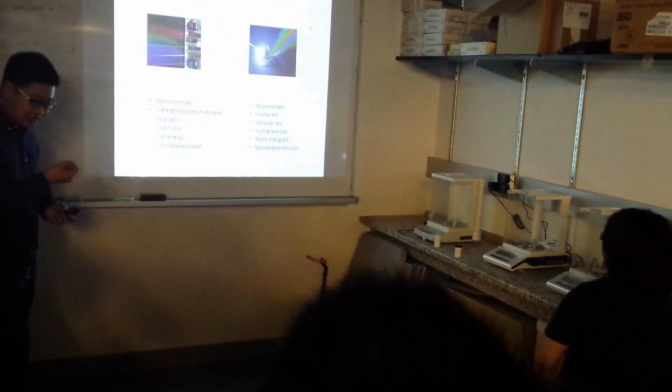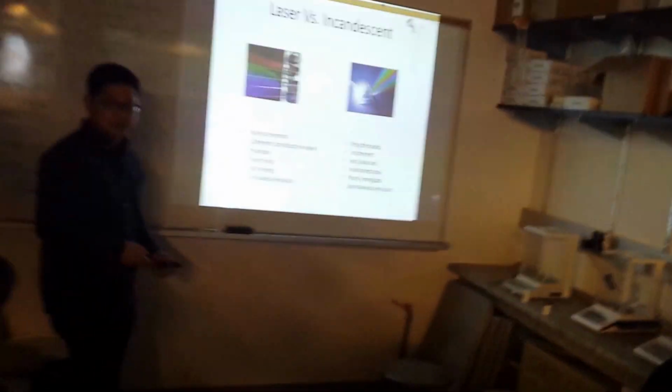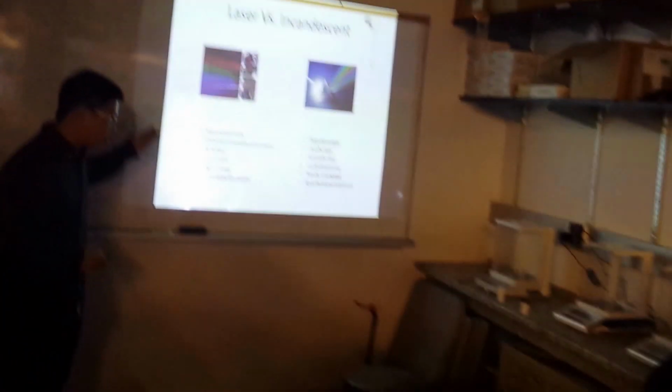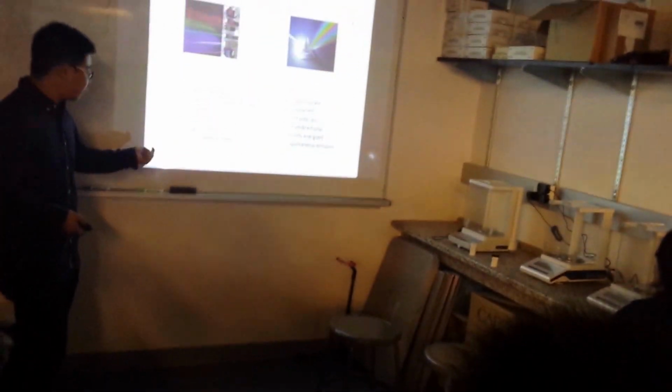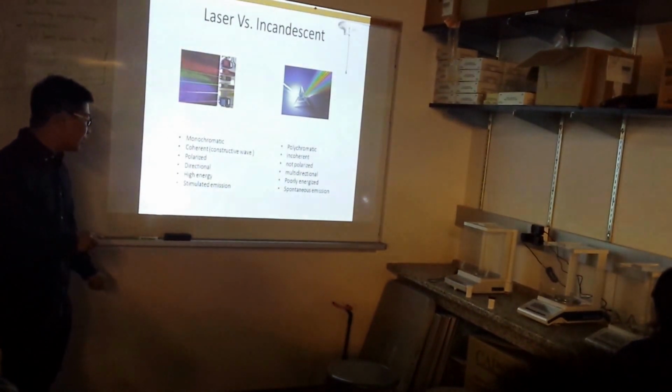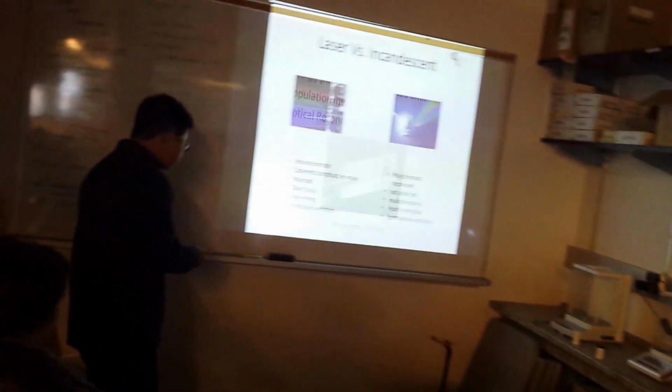But if I hold a light bulb, you can see a whole large area of brightness. And of course, laser is high energy. We use it for educational purposes. We use it for industrial purposes. And the most fundamental thing is that laser is stimulated emission rather than spontaneous emission.